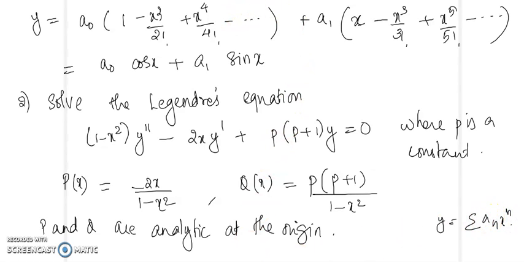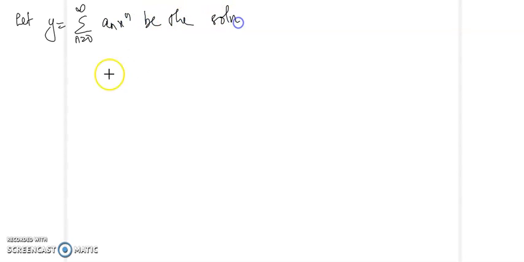So let us find the derivatives and then find the solution. So let y equal to summation n equal to 0 to infinity a n x raised to n be the solution. Then y dash equal to summation n equal to 1 to infinity n a n x raised to n minus 1.